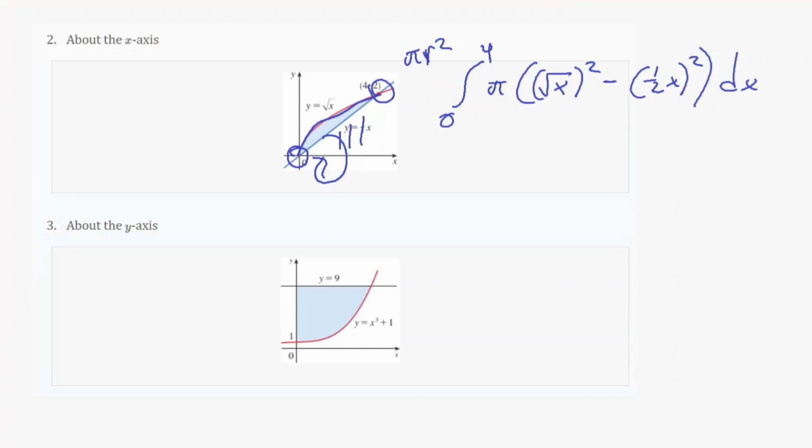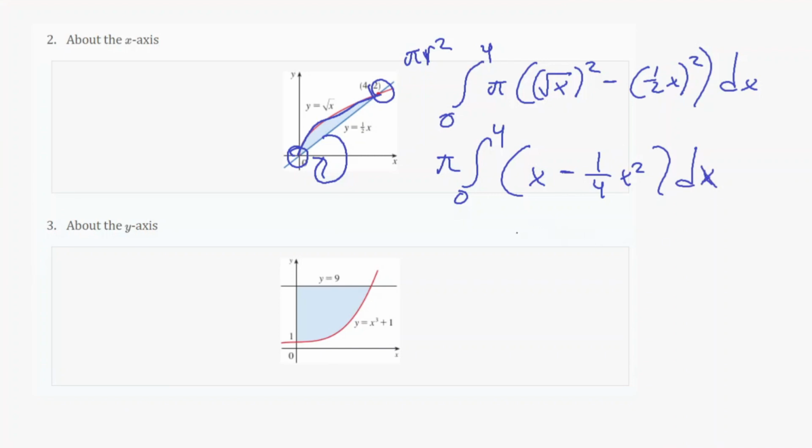Now let's simplify first before we integrate. Let's bring pi on the outside because it's a constant. We have 0 to 4. Square root of x squared is just going to be x, minus 1/2 x squared is going to be 1/4 x squared. And all we need to do now is integrate it.